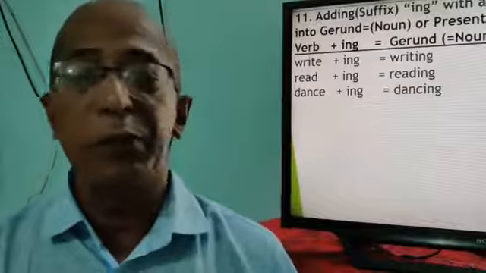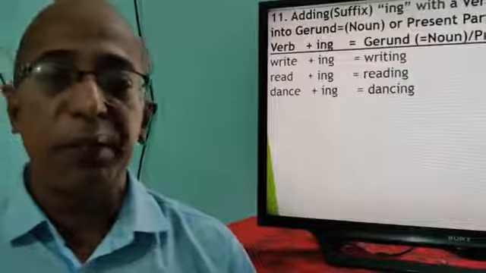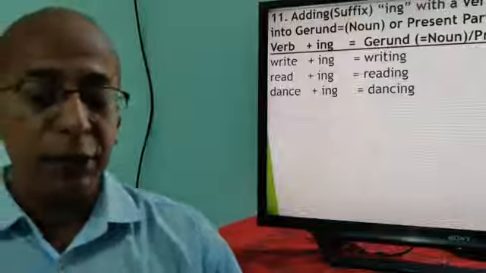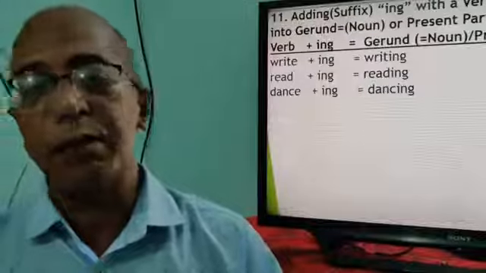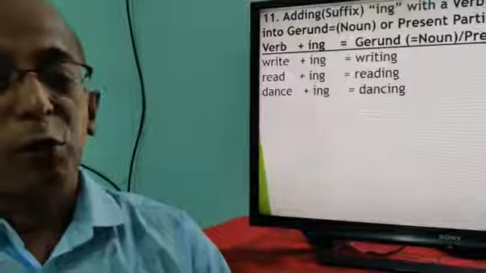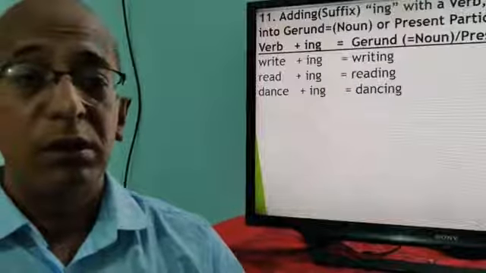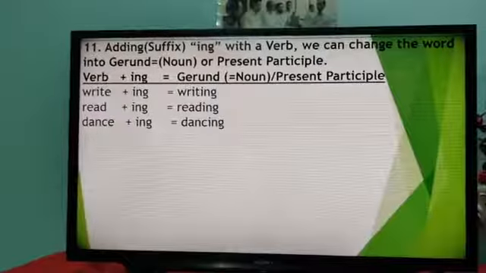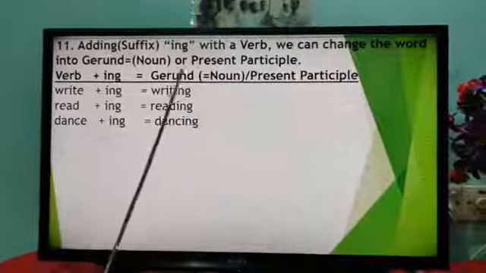And when we use ing with a base form of a verb, we sometimes need to make it a noun and sometimes we need to make it an adjective. When we make it a noun, ing is added with a verb, and when we make it an adjective, we make it a present participle.